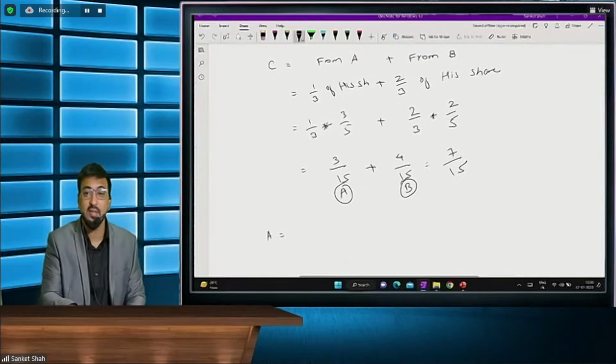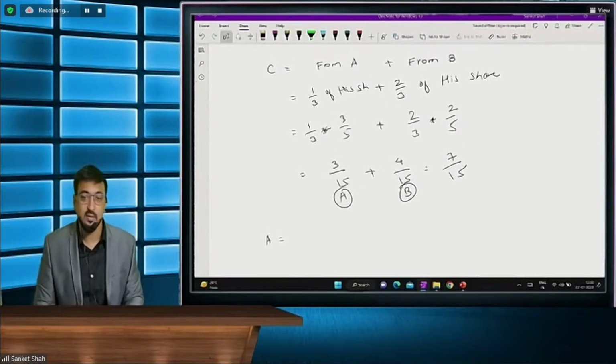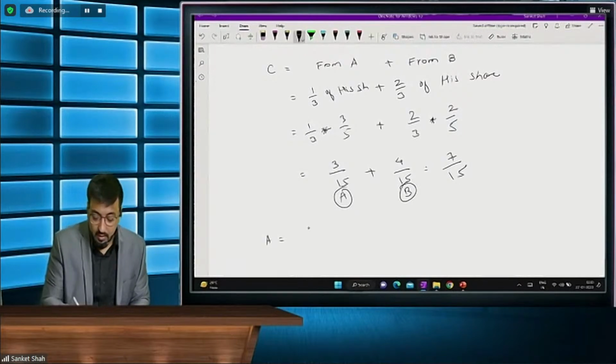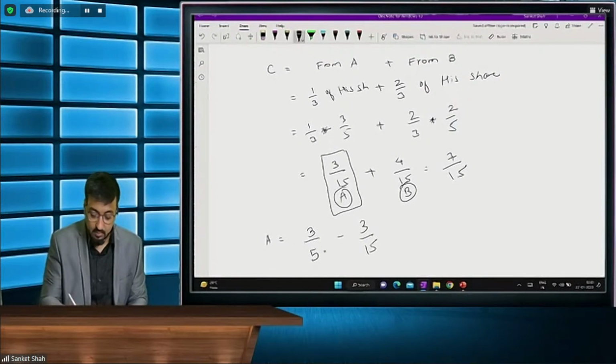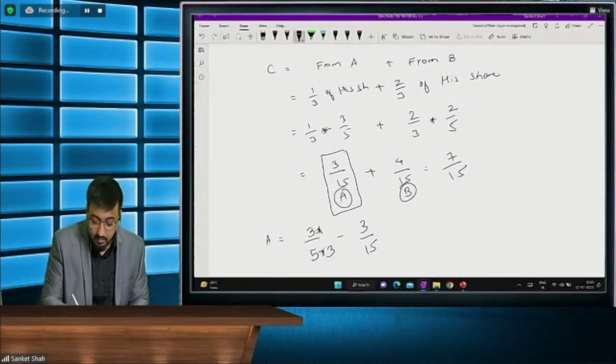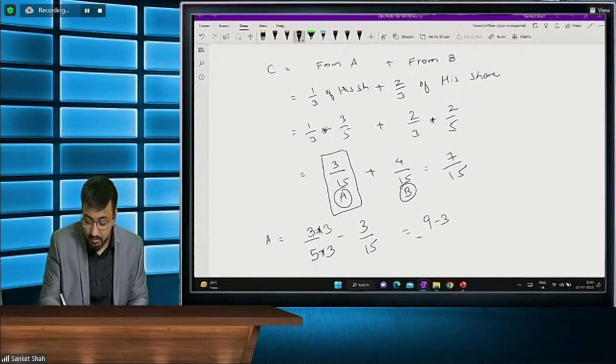Have you written C's share? Yes, write down from A and from B. A's share was already 3/5, that is 9/15, and he has given 3/15 to C. So we deduct: 9 minus 3, 6/15.